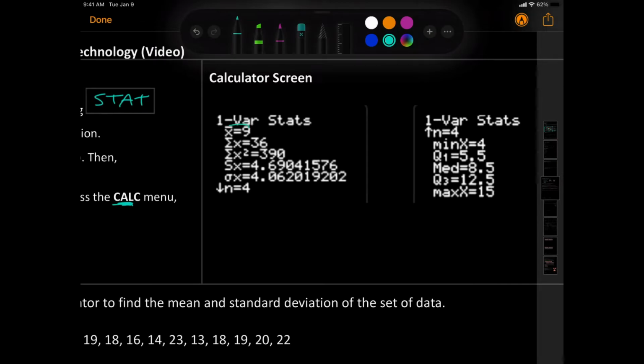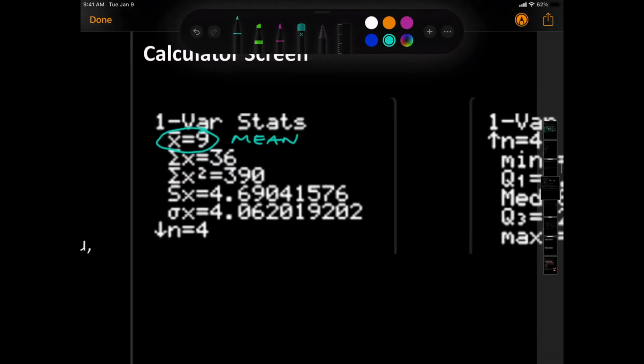This first one over here is going to be the mean or average. This one in orange is going to be the sum of the values in your list, or adding them all up.